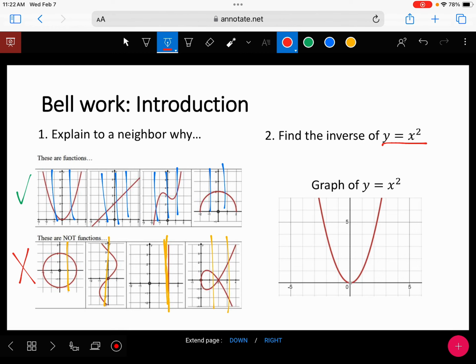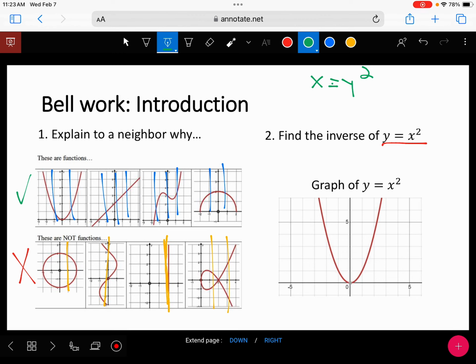All right, so when we're solving a function for its inverse, the first thing we're going to do is rewrite it, but x and y are going to swap places. So instead of y equals x squared, we would write x equals y squared. From there, remember x is always our input, y is always our output. Any equation, you have to have the output by itself.